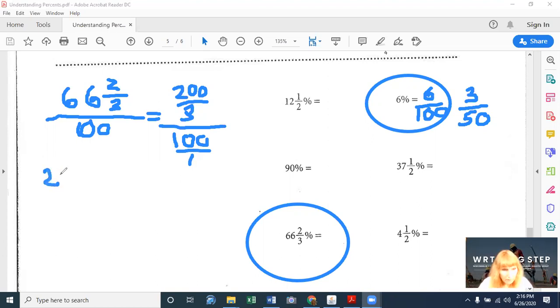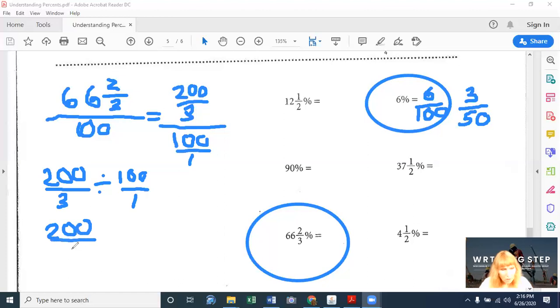So I'm going to rewrite that just so you see what I'm doing. 200 over 3 divided by 100 over 1. I'm going to use my keep, change, flip. Keep the first fraction the same. Change the sign to multiplication and flip the bottom fraction. 1 goes on top, 100 goes on the bottom.